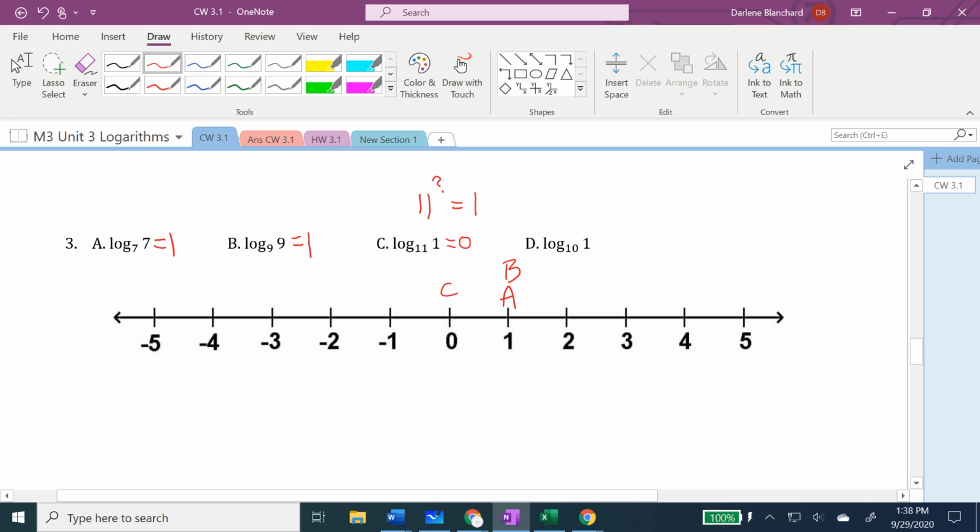And what's D? Also 0. So what you want to get out of number 3 is if you have an input in your logarithm and the input is the number 1, you will get 0 no matter what the base is.